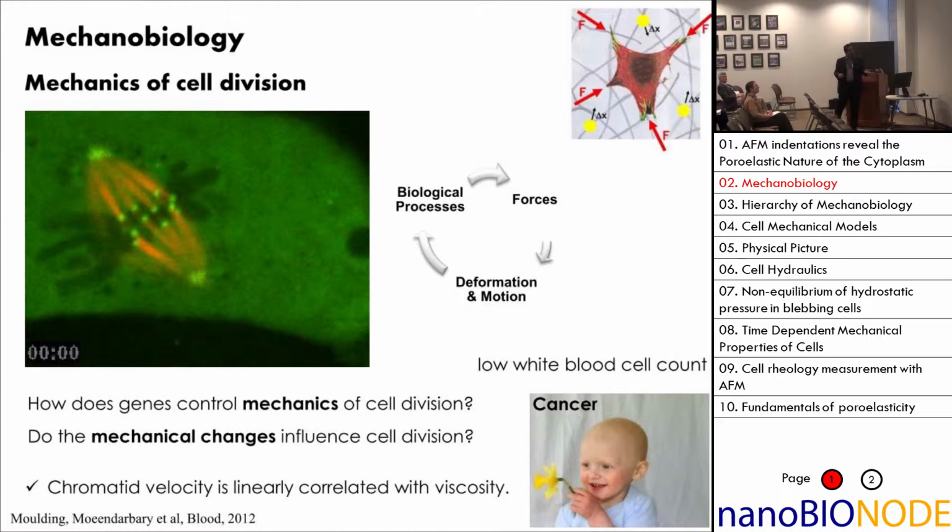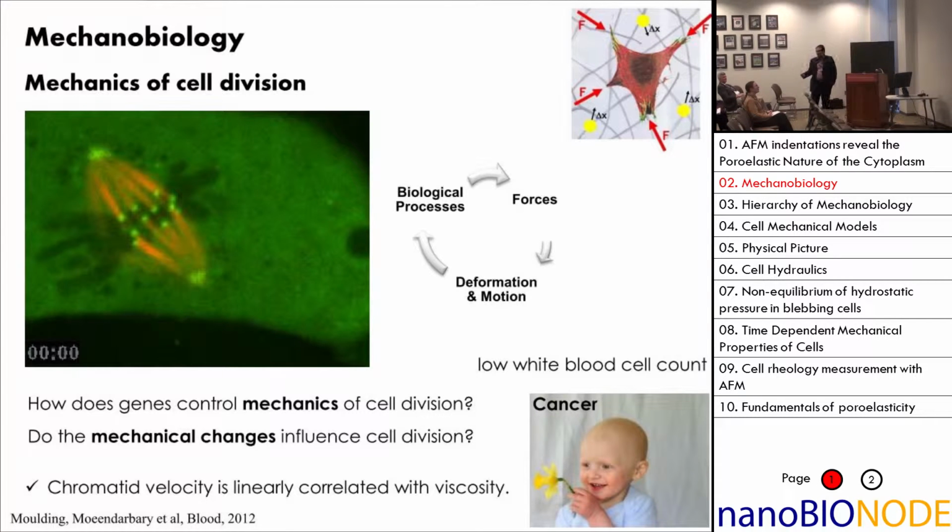And do the mechanical properties of the cell and the cytoplasm affect the cell division? In a recent study, we found that the mechanical properties of cytoplasm are very important. Patients with low white blood cell counts have cells.